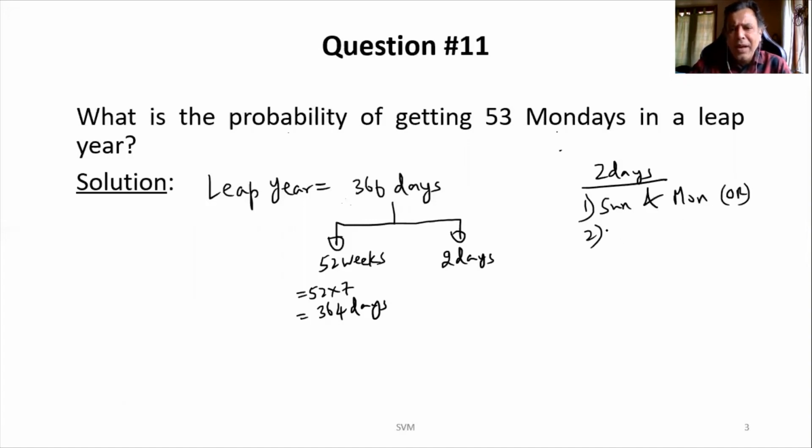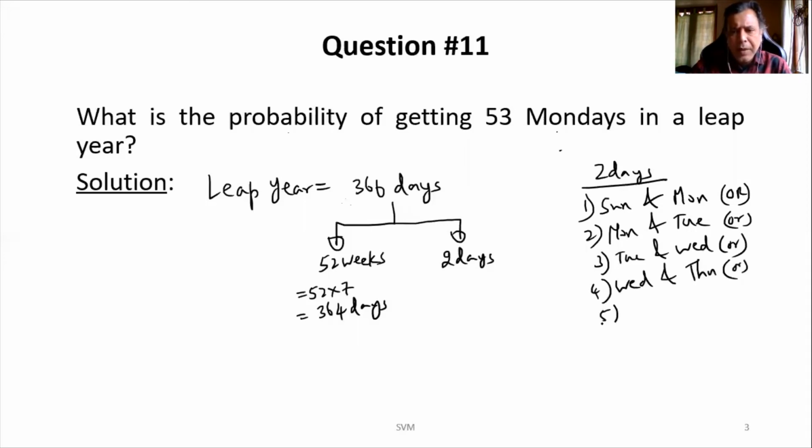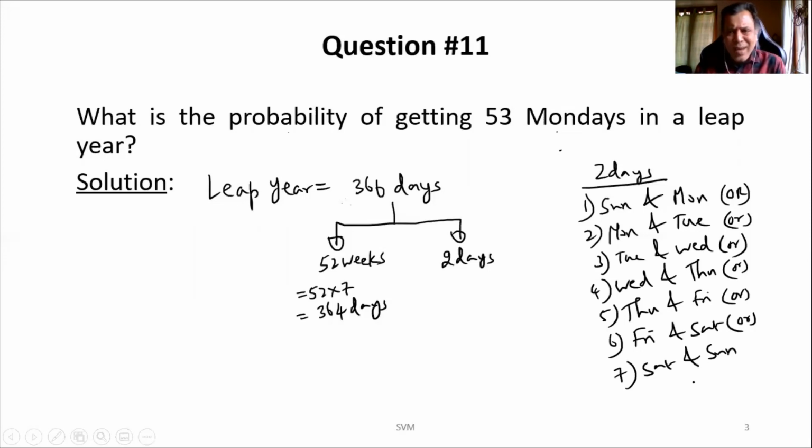Sunday and Monday, or next one is Monday and Tuesday, or Tuesday and Wednesday, or Wednesday and Thursday, or Thursday and Friday, or Friday and Saturday, or Saturday and Sunday. So those 2 days can be any of these.